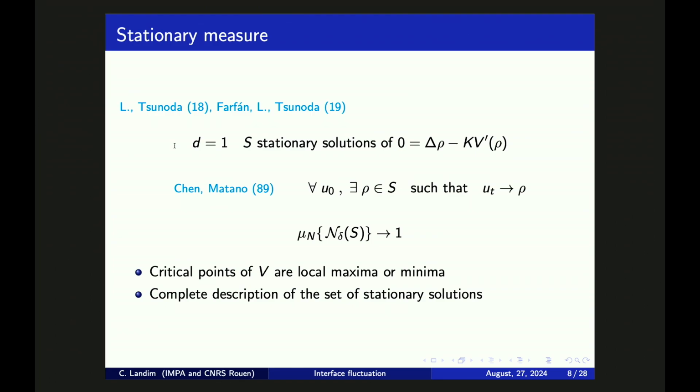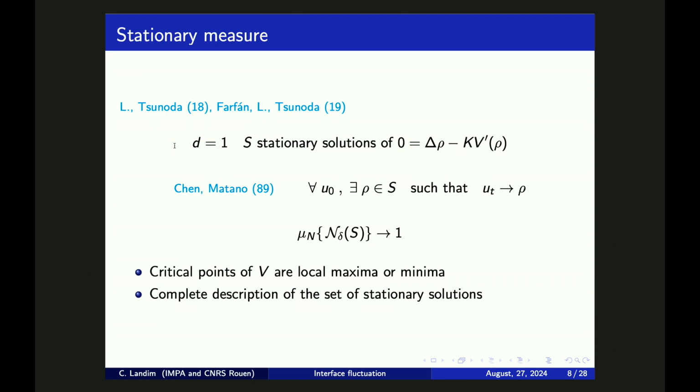Using that result in the hydrodynamical limit, you can show that if you represent by mu n the stationary state of the Glauber plus Kawasaki dynamics, and you take a neighborhood of the set of stationary solutions, this set has probability close to 1 when n is very large.